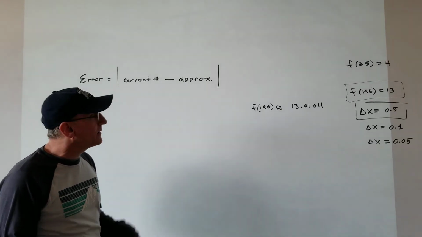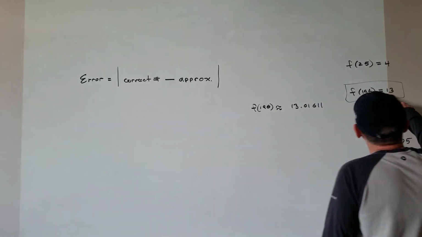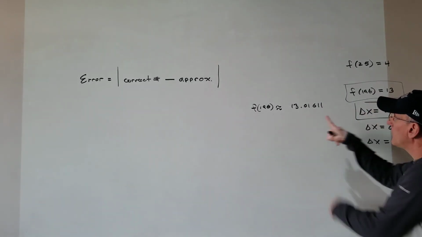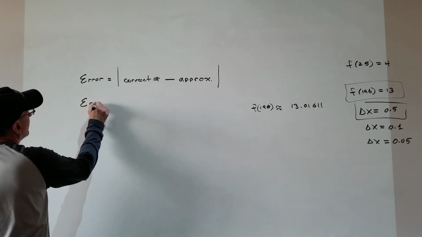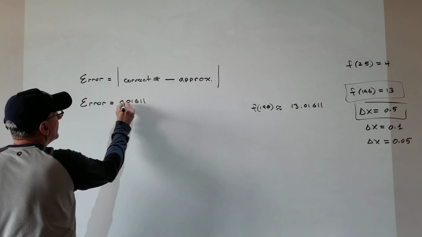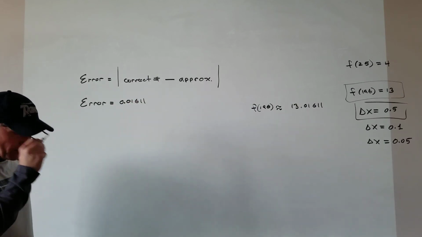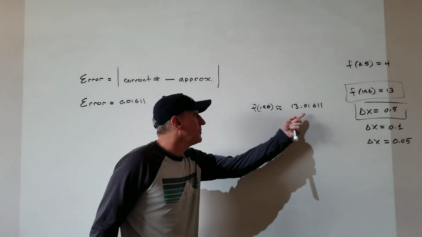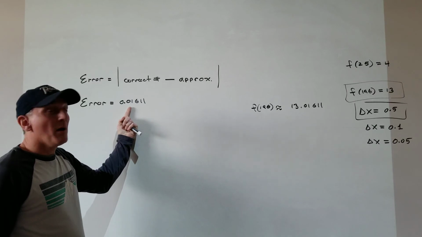We don't care if it's positive or negative. All right, here's the actual function value. Here's the approximation. They're obviously this far apart. So the error equals 0.01611. Now, you may be satisfied that that's a really good approximation just by noticing that the error is smaller than 0.02.